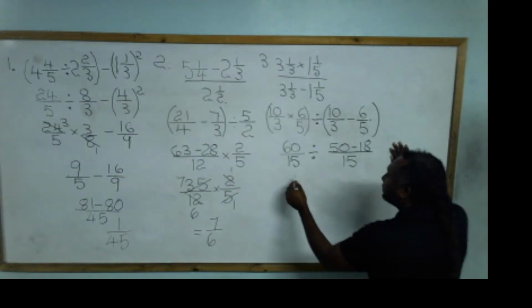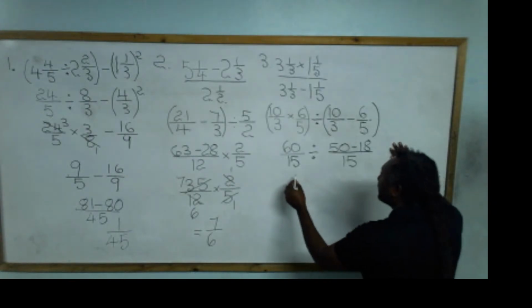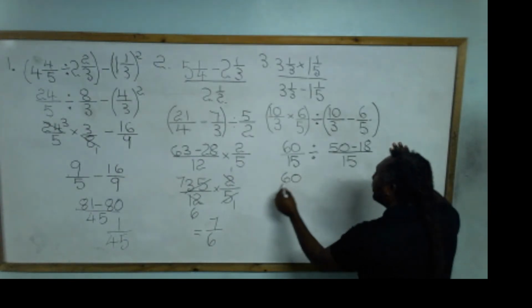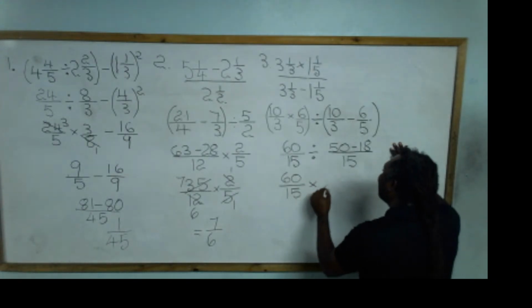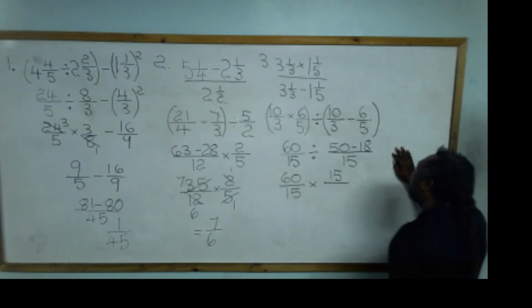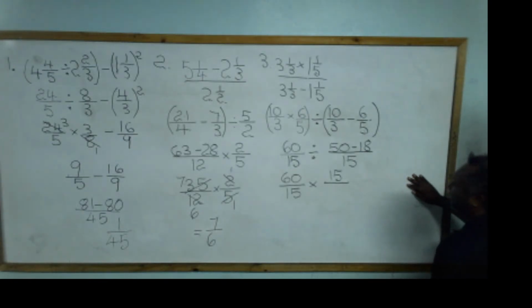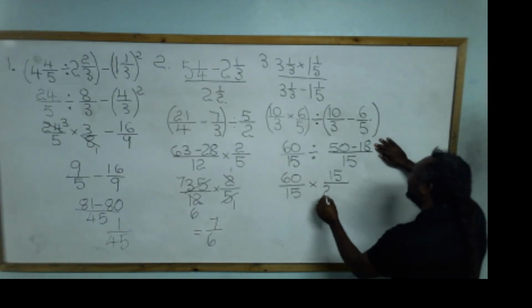So we have now 60 over 15 to be multiplied by 15 over 50 minus 18, I think that is 32.